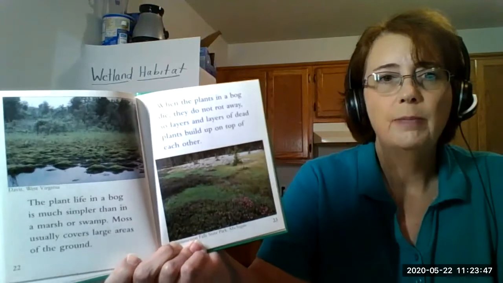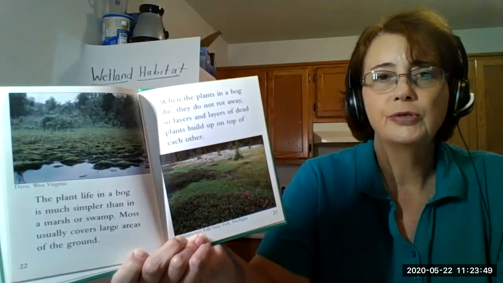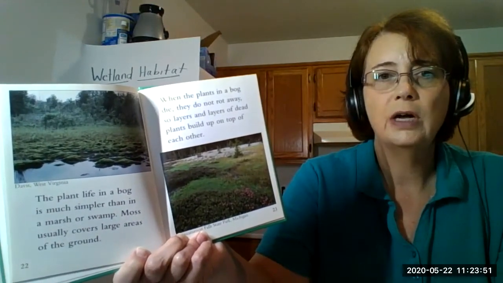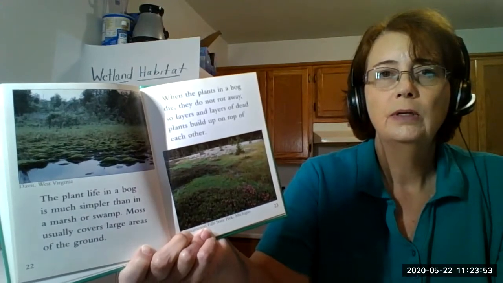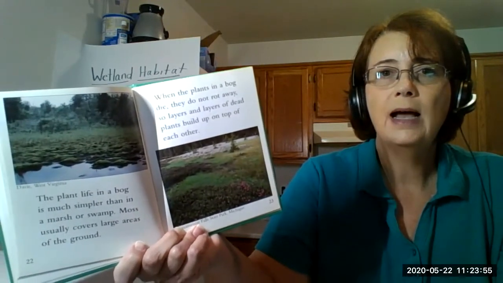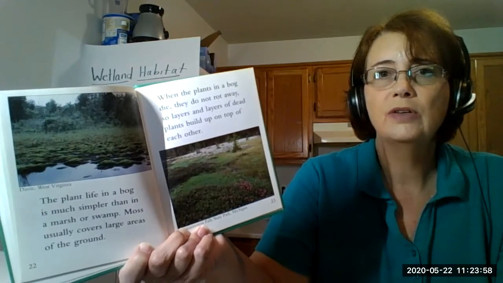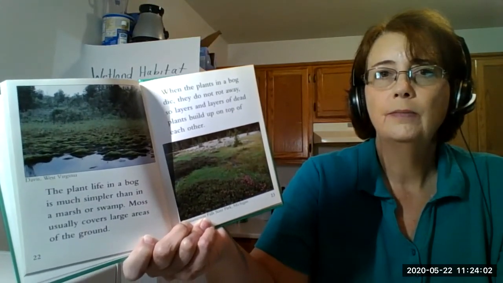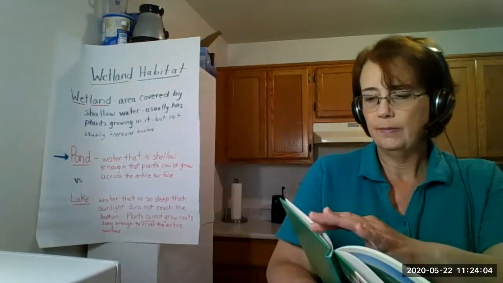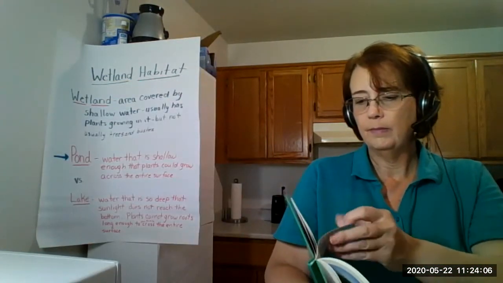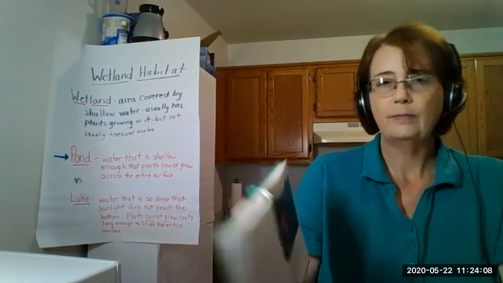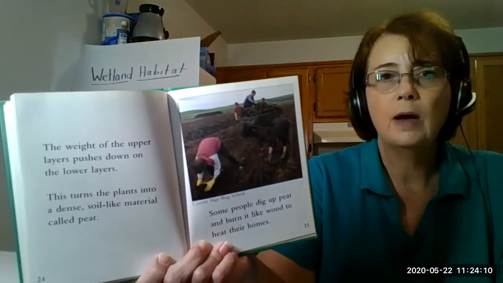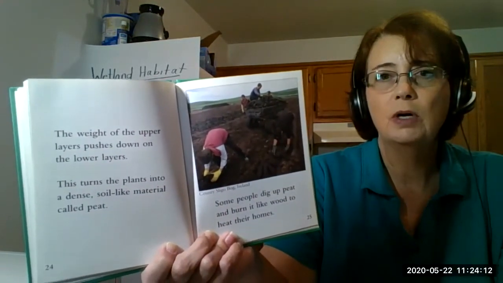The plant life in a bog is much simpler than in a marsh or swamp. Moss usually covers large areas of the ground. When the plants in a bog die, they do not rot away, so layers and layers of dead plants build up on top of each other. The weight of the upper layers pushes down on the lower layers.